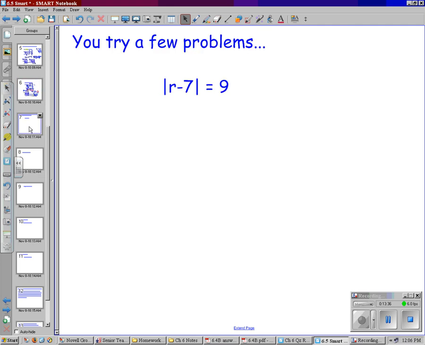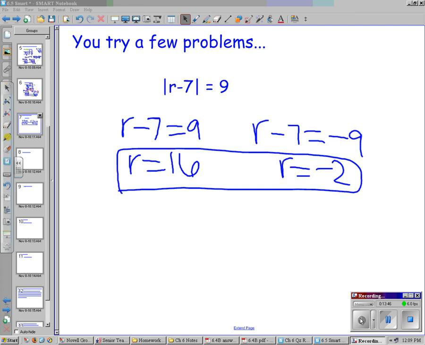All right. Let's take a look at this one. It says absolute value of r minus 7 equals 9. I'd like you to do this problem, please. What we have up here for answers are 16 and negative 2. Remember, we don't put any absolute value bars around the information as we are working with it here.